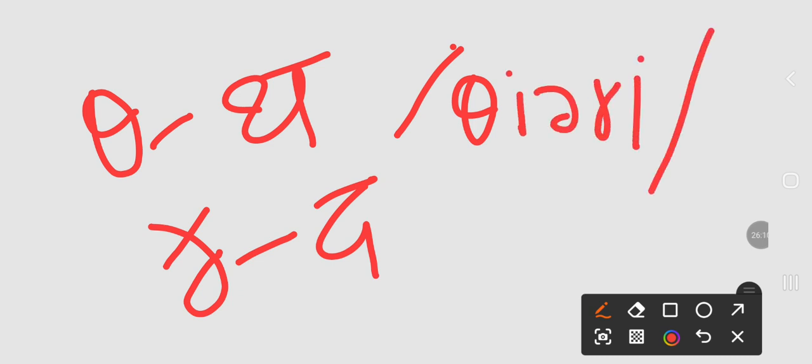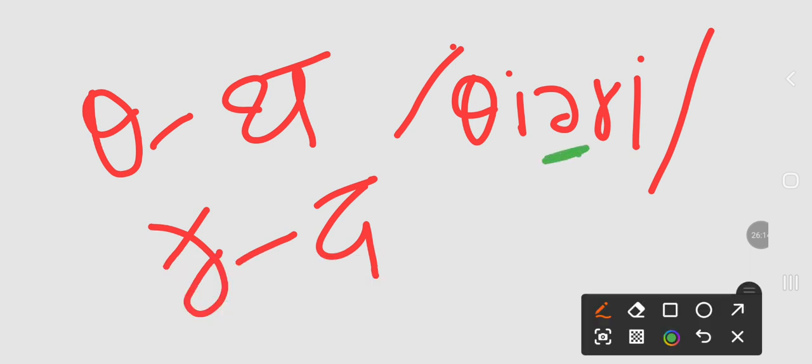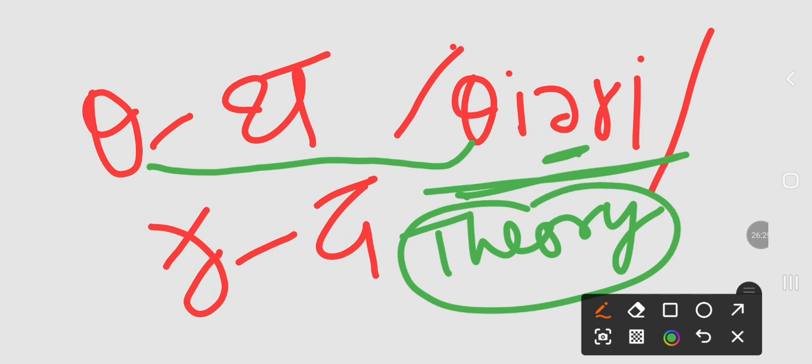Here don't get confused with this symbol. What is this? I will tell you when I teach you vowels. Here your focus should be on this. This is theory. So this is the phonetic transcription of theory.